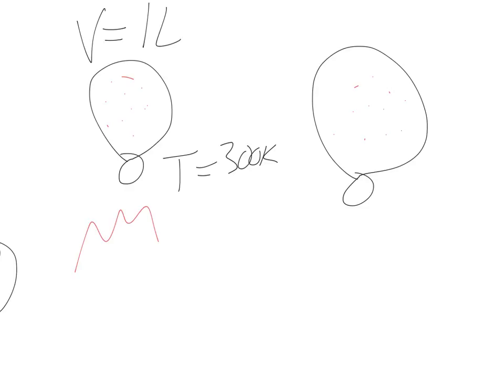So, let's say after I'm done heating it, the temperature has increased by 30 Kelvin. So I'm up to 330 Kelvin. And I want to know how big that balloon is.